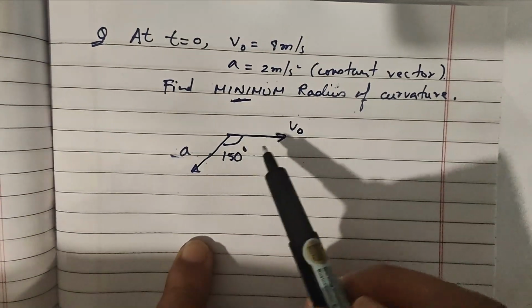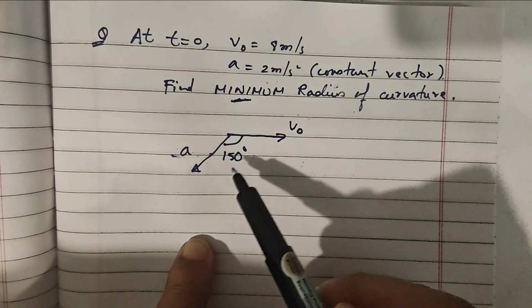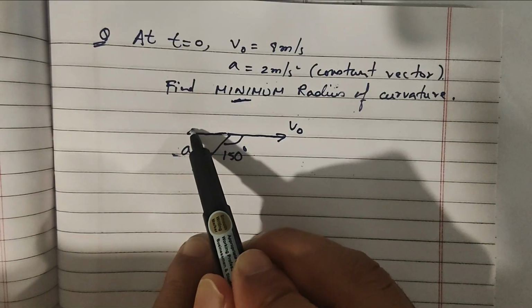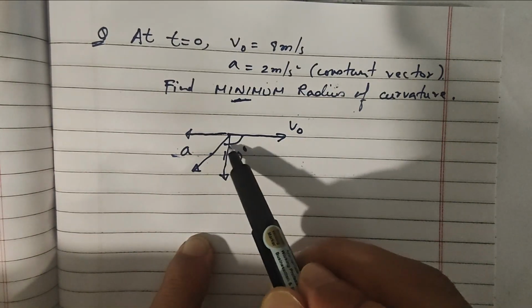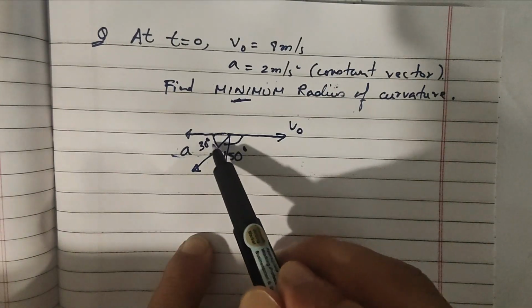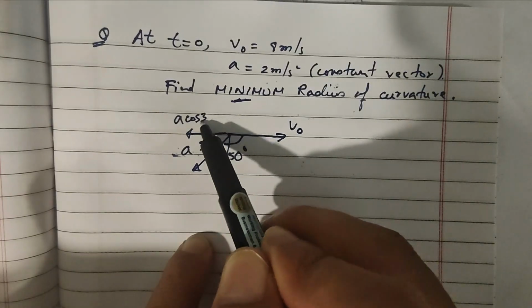So some of you may think, okay, velocity is given, acceleration is given, and the angle between them is 150 degrees. So you may think you will take components of acceleration, one here, right? Now if this is 150, this will be 30 degrees, isn't it? Because the total is 180. So this component will be a cos 30.